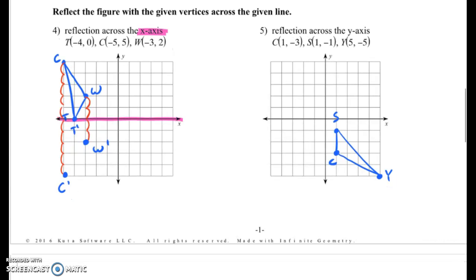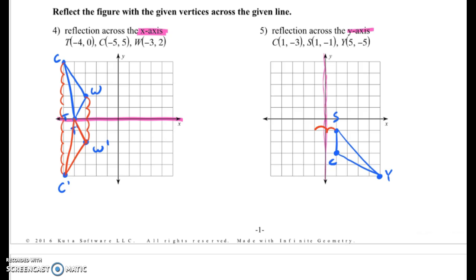If you connect your 3, that is your new image after the reflection. Number 5 was the reflection across the y-axis. Very similar. This line is my y-axis. So I count.